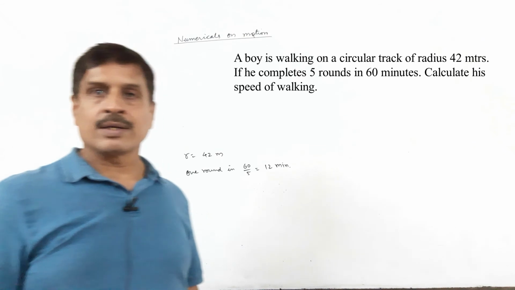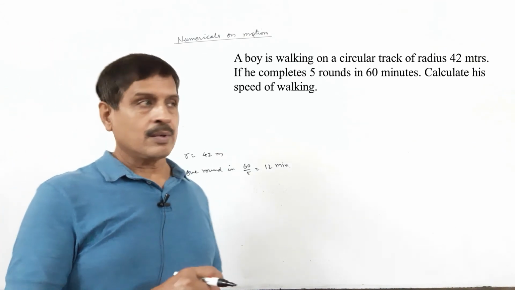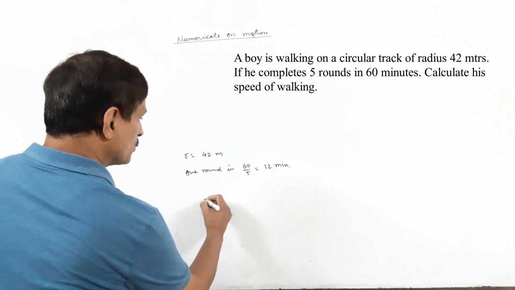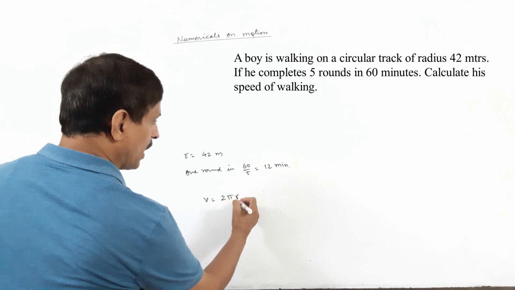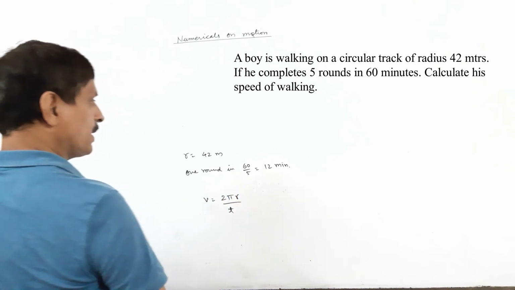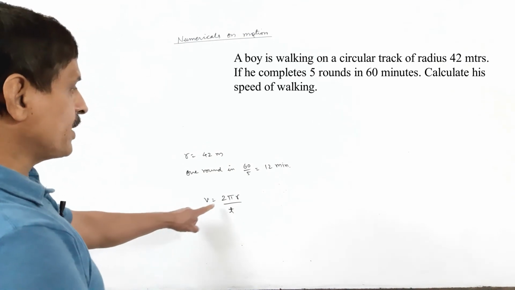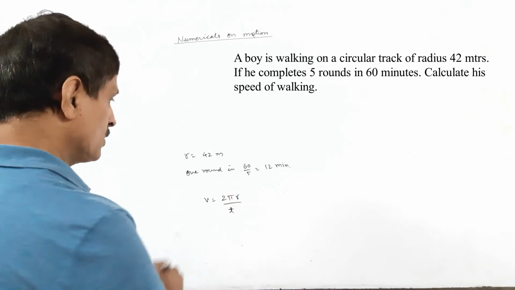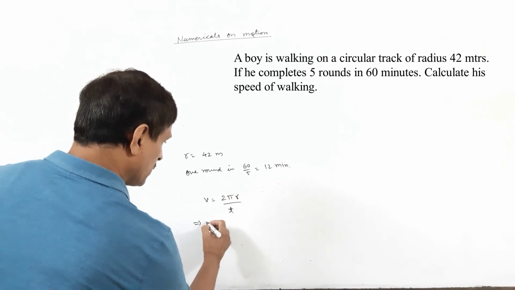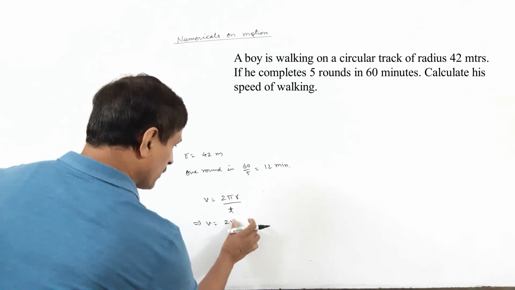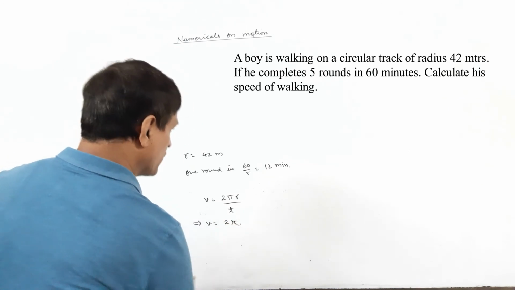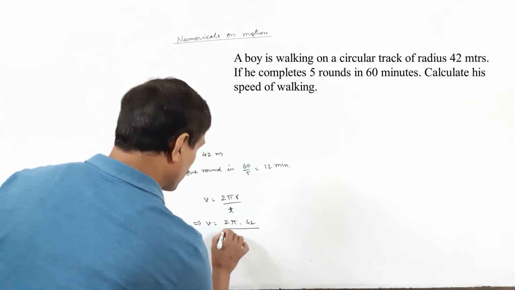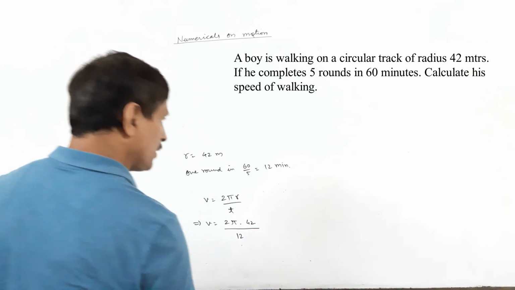In order to calculate the velocity, we use the formula of circular motion, circular velocity. So v = 2πr upon time taken. Because in one complete round, that is circumference, and time taken is 12 minutes. So v = 2πr/t, which implies v = 2π, radius is 42 meters, upon time, 12 minutes.